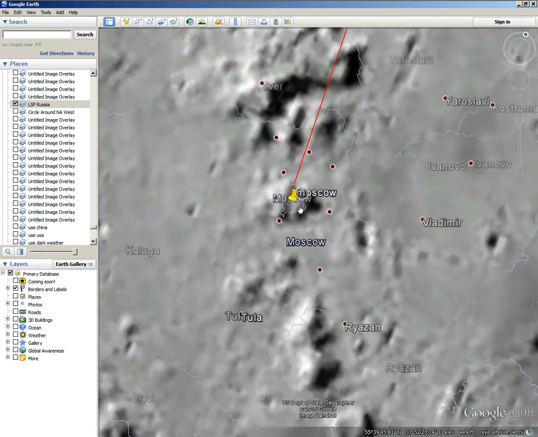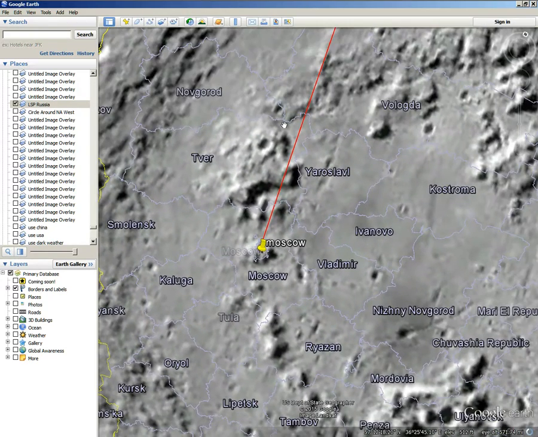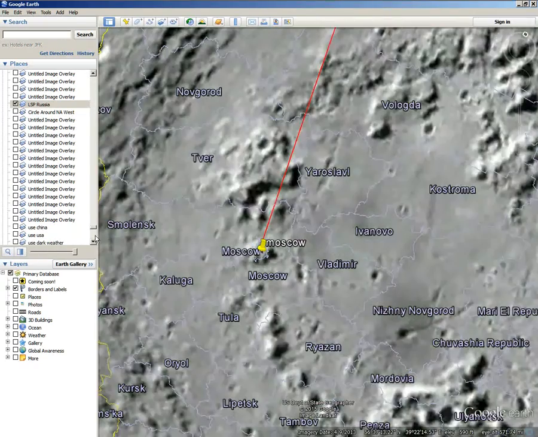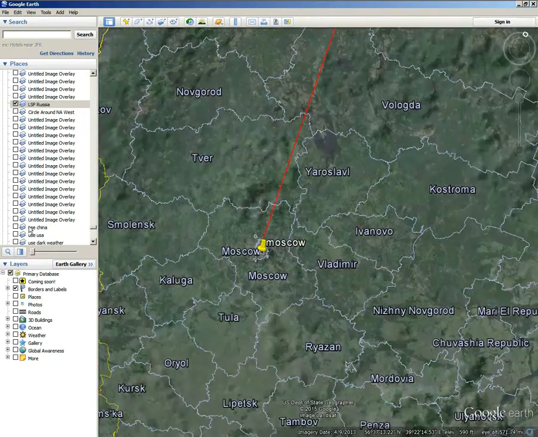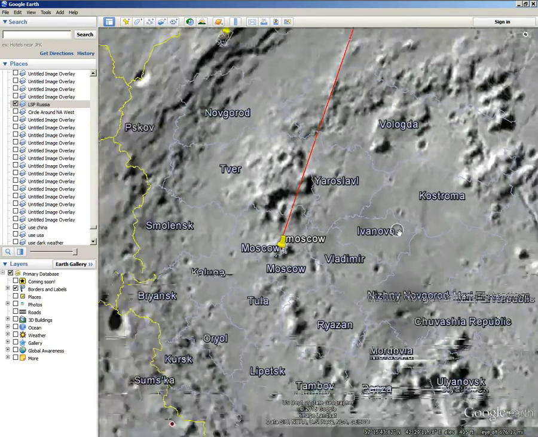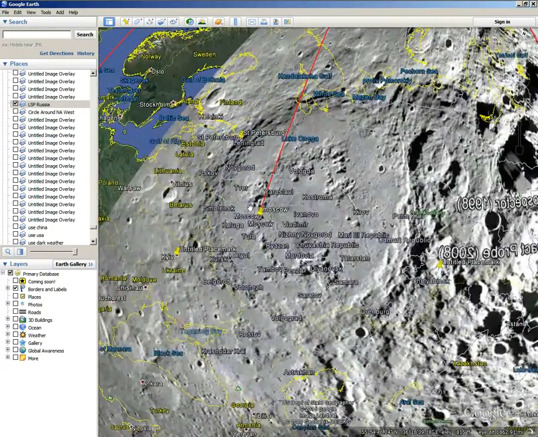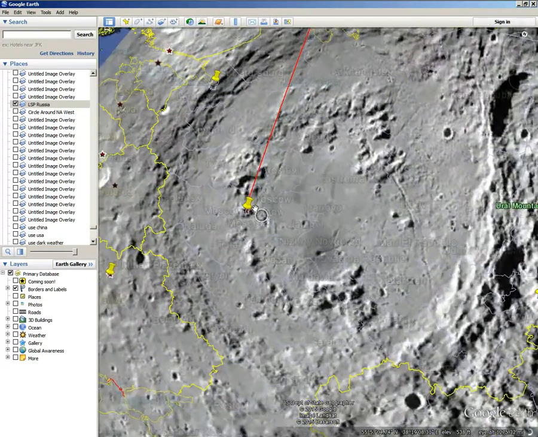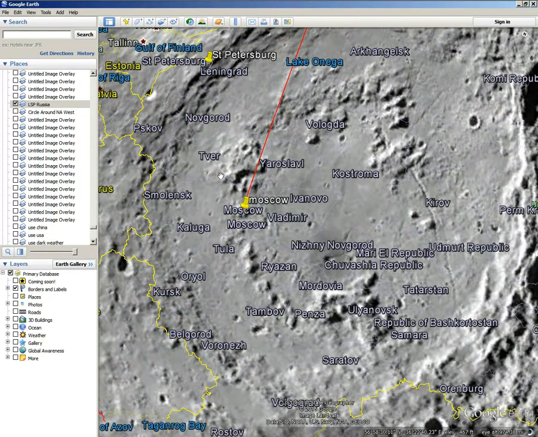This should be over Moscow directly. That part right there should be over Moscow directly. Anyways, those two go together. I mean, there it is. Wherever this spot hits the earth.